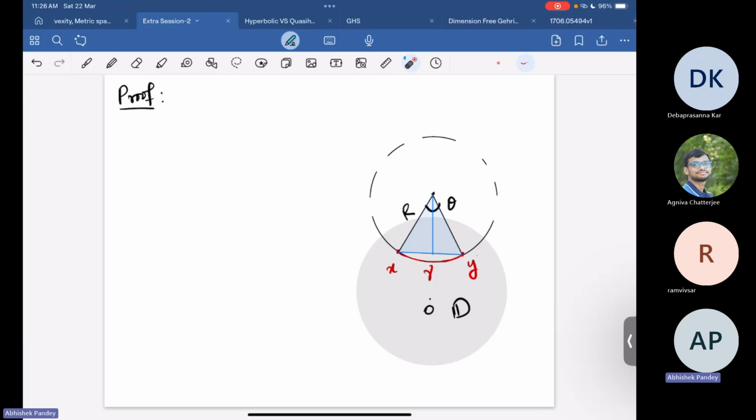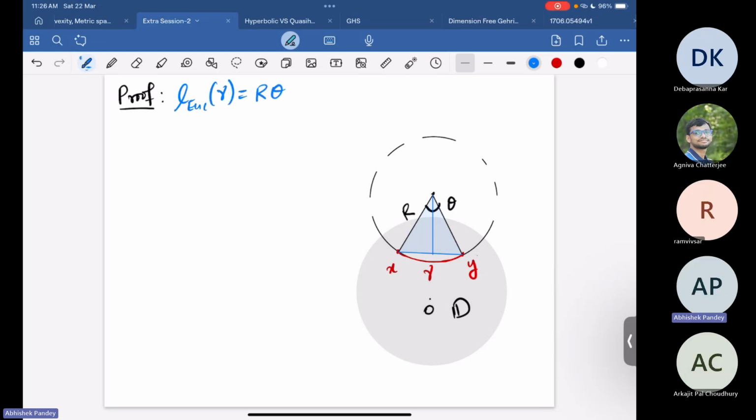So gamma is this red part of the circle, and the Euclidean length of gamma is basically r theta, its arc length. And modulus of x minus y is related to theta by 2. So we need to check this part only.